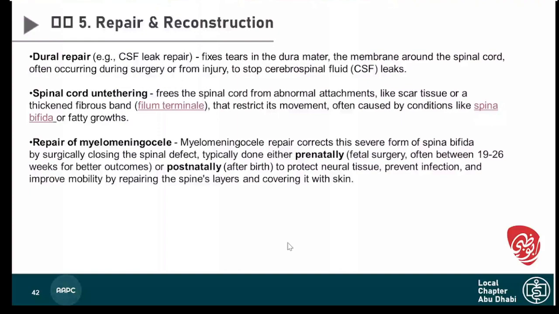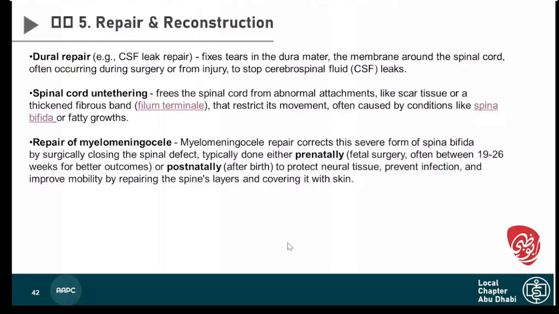Then spinal cord untethering. What is spinal cord untethering? It frees the spinal cord from abnormal attachments like scar tissue or thickened fibrous bands.